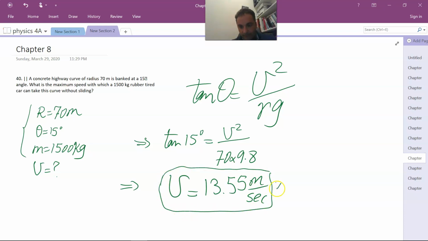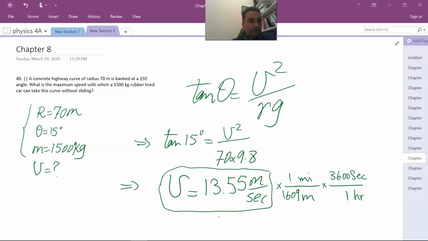But let's see. So meters to miles, correct? 1 mile is 1609 meters. Then I'm going to miles per hour, correct? So hours here, seconds here, 1 hour is 3600 seconds.